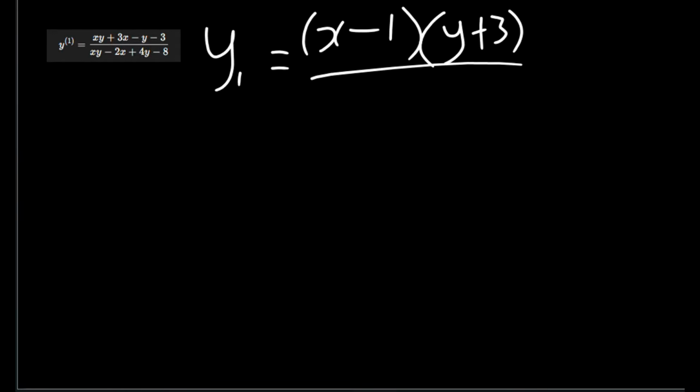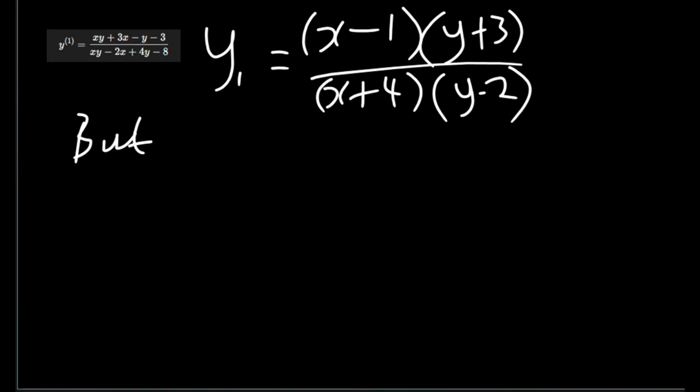And then for the denominator, I think we had x plus 4 brackets closed and then y minus 2 bracket close. Alright, so this is the simplified expression.